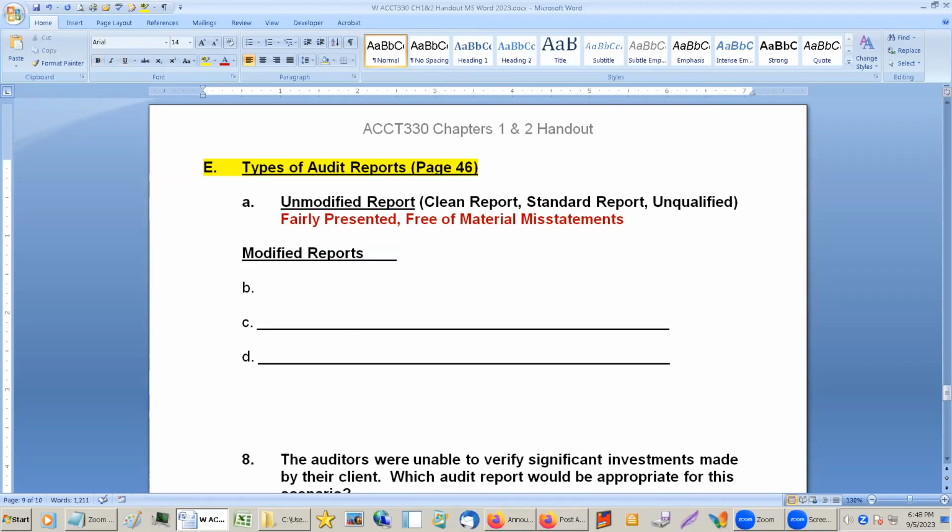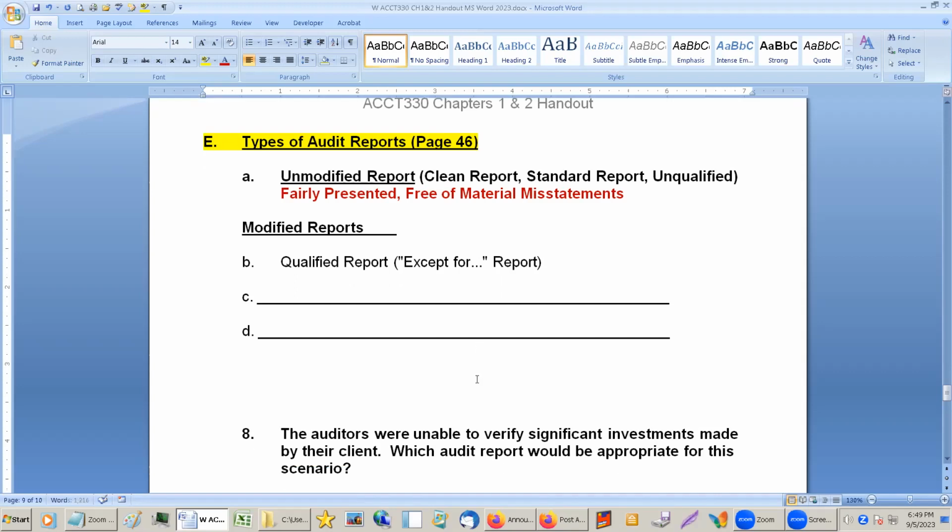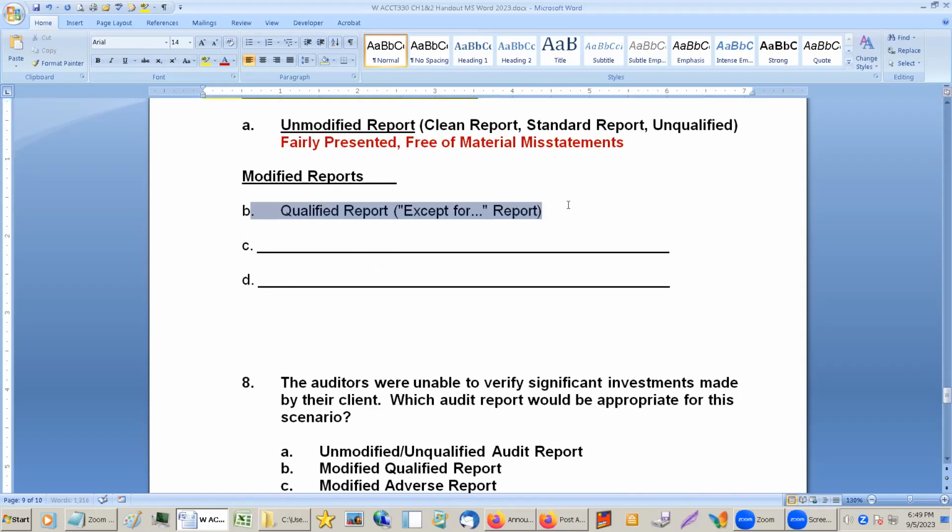And the first one is a qualified report, and it's often called an except for. Because like I said, they'll say everything is okay except for, and then they can spell that out.